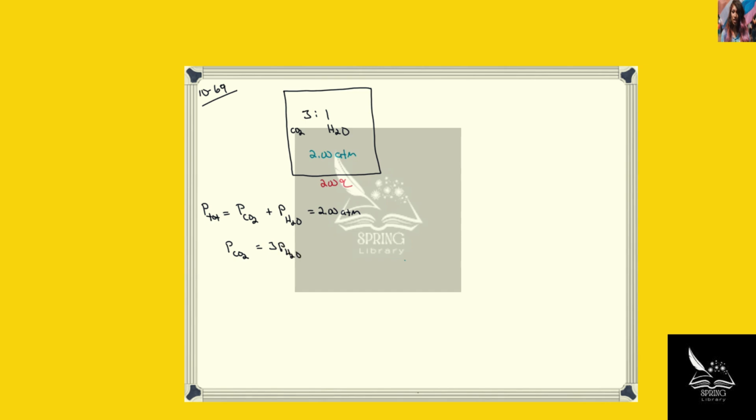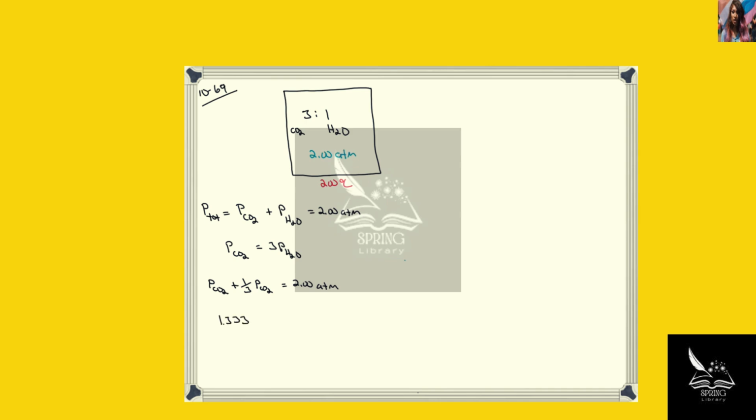This now allows us to substitute into this equation carbon dioxide pressure or water pressure. Because we're interested in carbon dioxide, let's rearrange this equation and solve for the pressure of H2O and realize that it's 1/3 the pressure of carbon dioxide. So we can substitute in here for the pressure of water 1/3 the pressure of carbon dioxide. This sum then is going to be equal to 2 atmospheres.